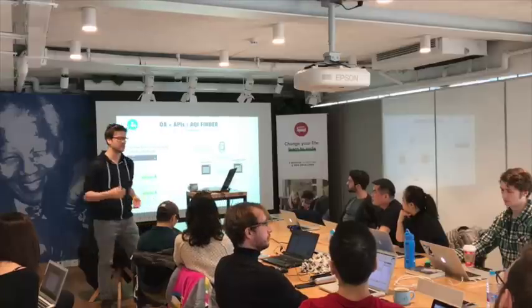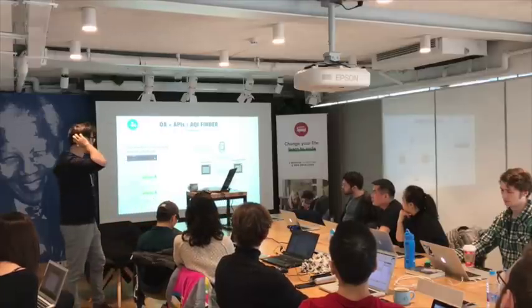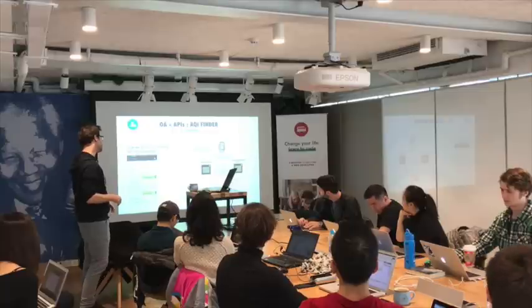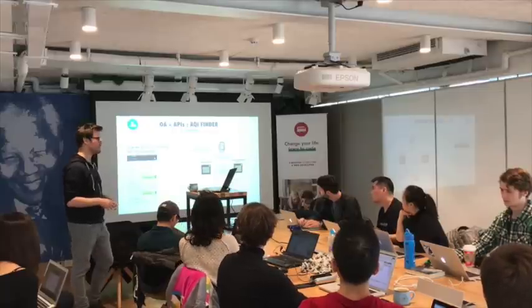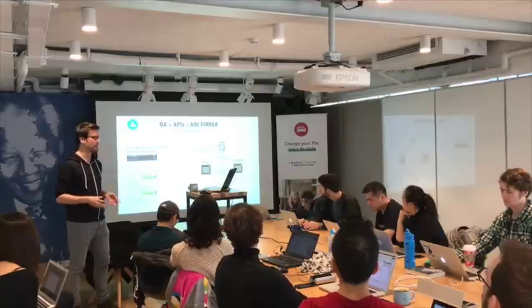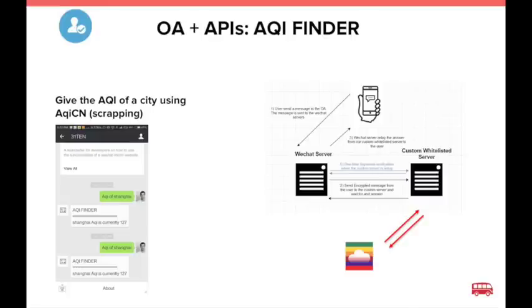Another thing that we did on our official account, which was more geeky and more of a hack, was using the AQICN API. They don't actually have an API, so we scraped them. We used their data to create a small bot that can give you the current AQI of the place you are.